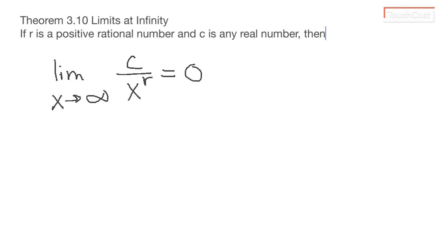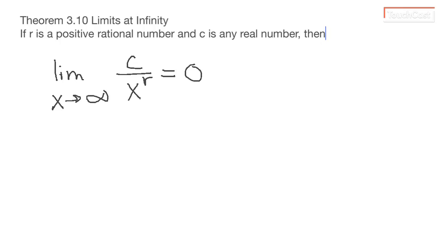And the reason behind that is if we put infinity in for x, we're going to have something over an infinitely large amount, which means it's going to be such a small number, it's going to get closer and closer to 0. We say that the limit in this case would be 0.